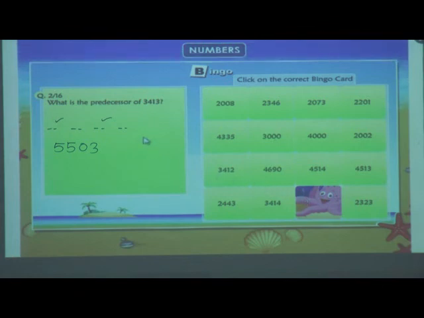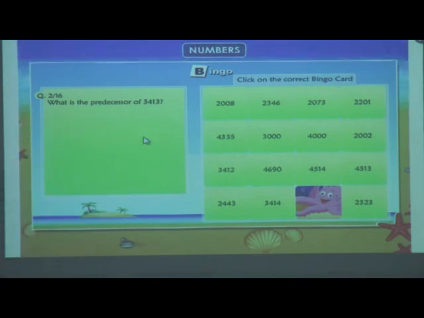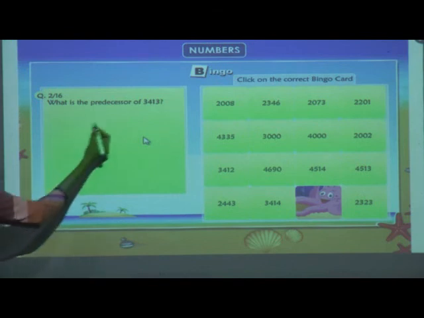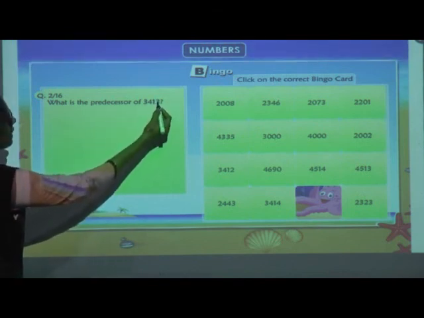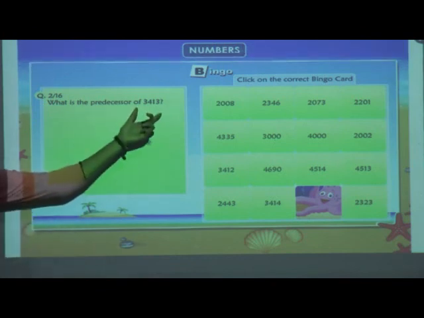Now see the second question. Can you see? Read the question. What is the predecessor of 3413? Now what is meant by predecessor? Predecessor means we have to subtract 1 from the given number.